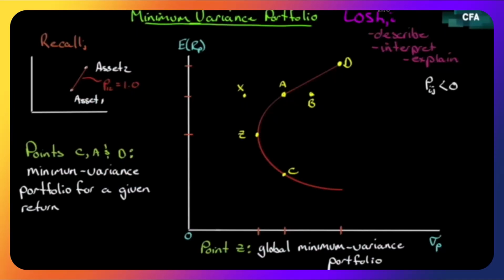We are now on our last two learning objectives of this reading. LOS G and H, keywords here are describe, interpret, explain. So let's see what we're doing here. G, describe and interpret the minimum variance and efficient frontiers of risky assets and the global minimum variance portfolio. So all we're doing here, there's not a lot of math in here. In fact, there's none.